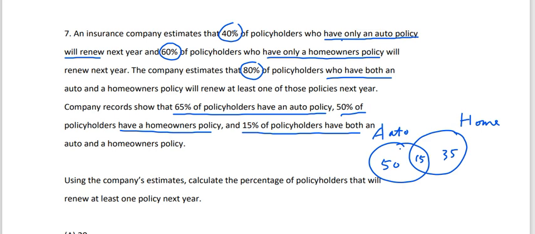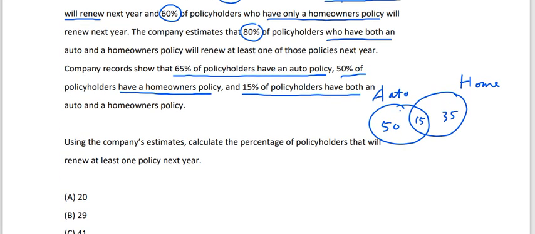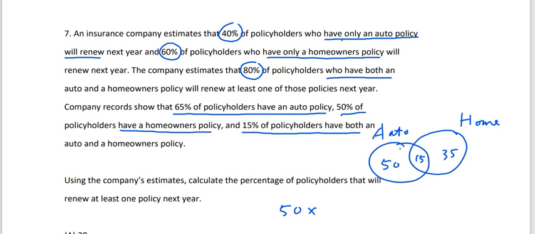So we just check those people who will renew. We can regard it as 100 people. For those 50 people, how many will renew? We multiply by the probability of renewing. For those people, 40% will renew, so multiply 40%.